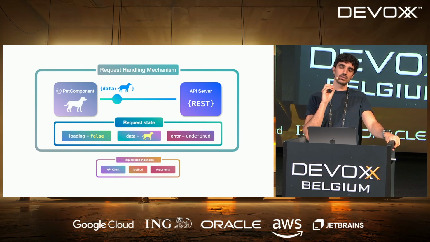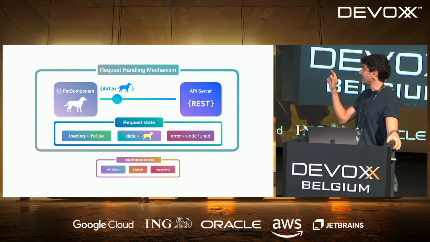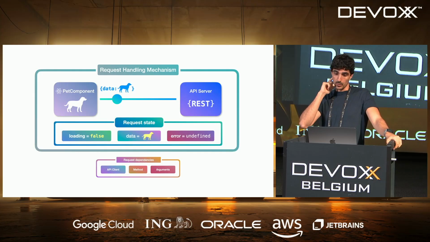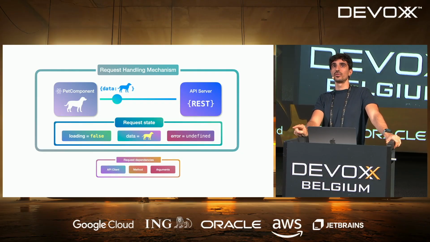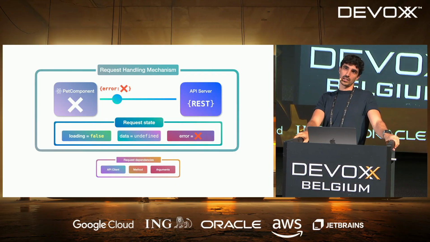And when it's back to the component, well, first of all, the pet component can display the data. And if you have a look at the request state, we have that loading flip to false, and data now contains the latest successful content retrieved by the server. Case of an error, it's gonna be most likely like this.